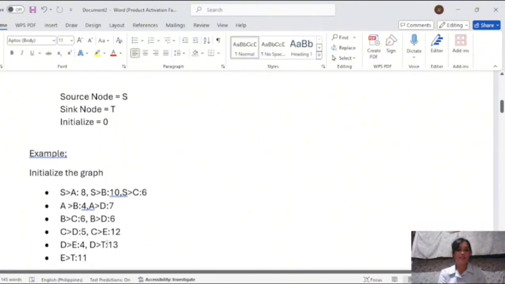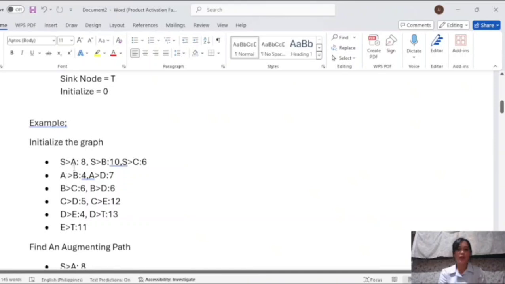So S to A is 8 and S to B is 10. Also S to C is 6, and A to B has its initial capacity, and A to D is 7. B to C is 6, and B to D is 6.